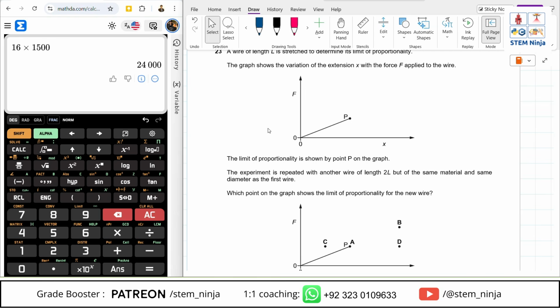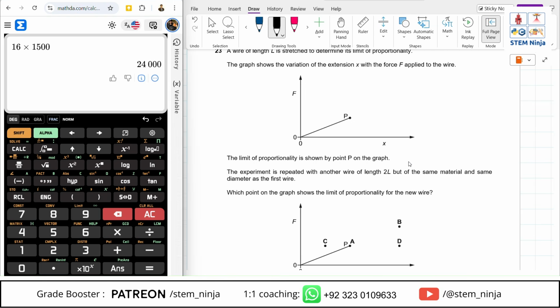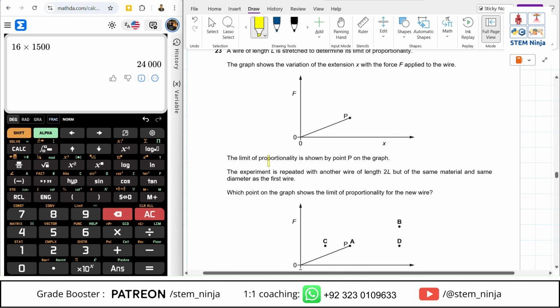Which point of the graph shows the limit of proportionality for the new wire? Okay, what this means is there are three things to notice over here. Another wire of length 2L but of the same material, same diameter.